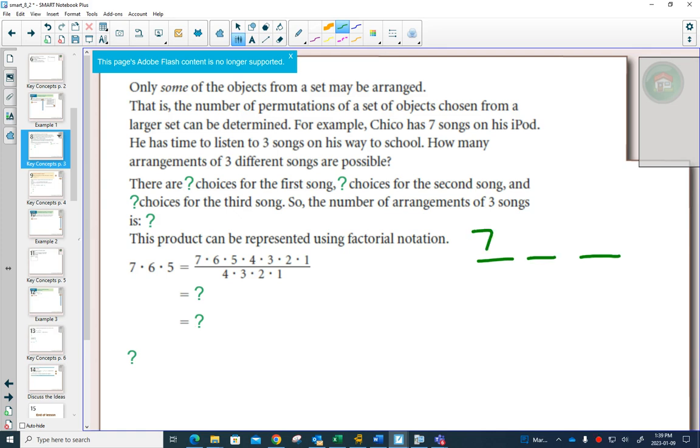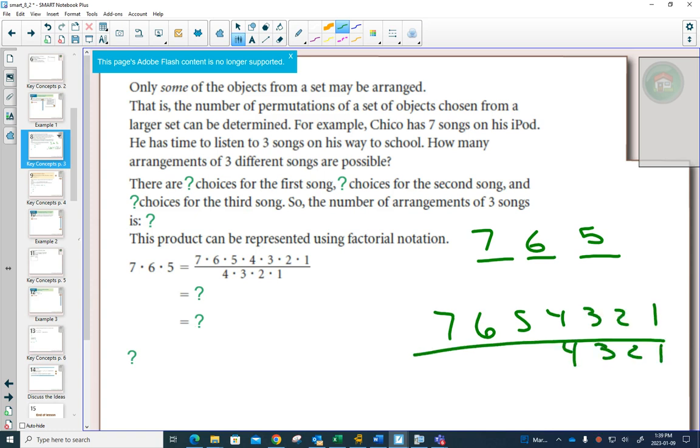Any of the 7 songs could be first. He doesn't listen to the same song again, so then only 6 choices, and then 5 choices. If this pattern continued all the way down to 1, we could notice that 7 times 6 times 5 is the same as 7 factorial over 4 factorial.